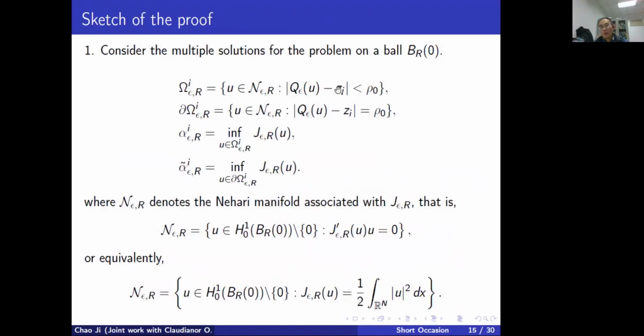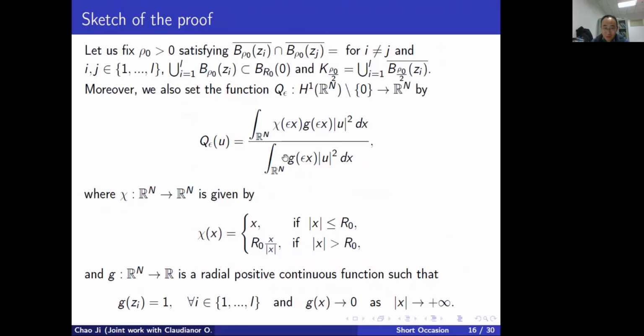Because they are at different points, we can choose r zero small enough such that these sets are mutually disjoint. Here Q is this function. This function is a mass concentration function. If you read some papers, we usually use this function. We call it a mass concentration function. It's continuous in H1 of Rn.